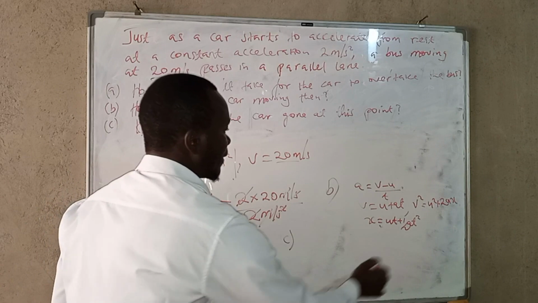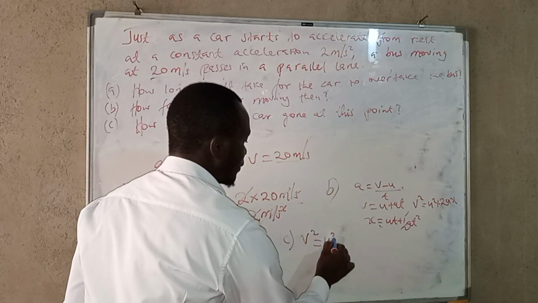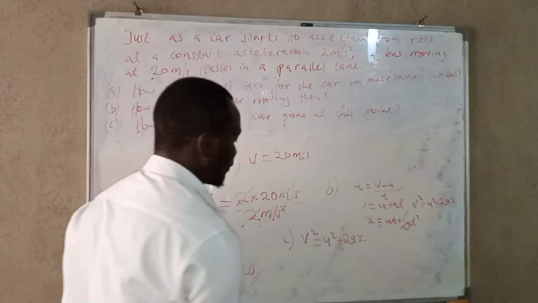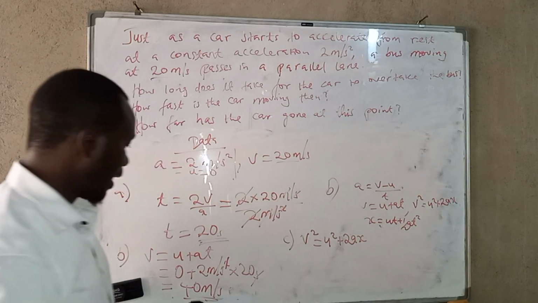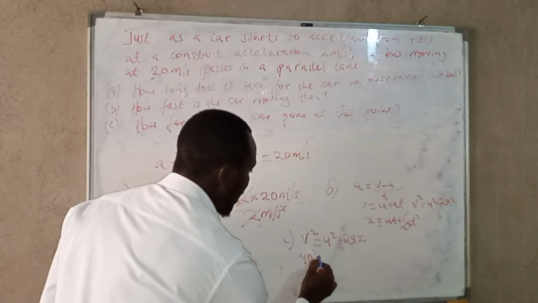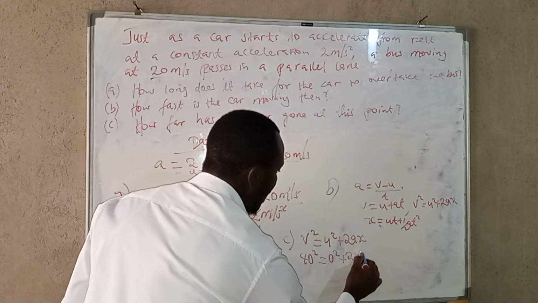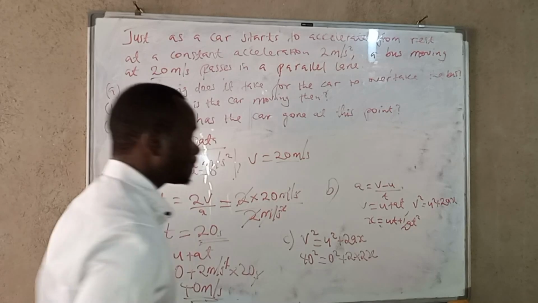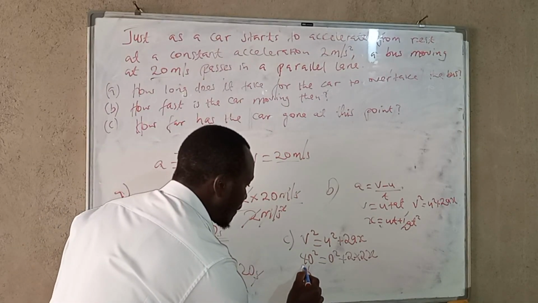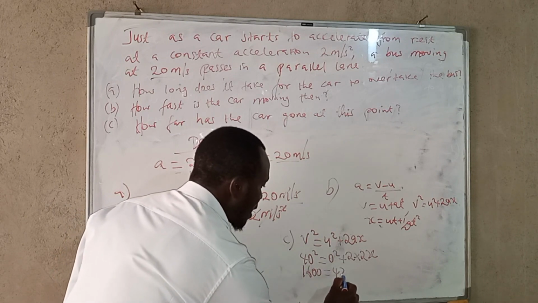Let's try the first one, which is v squared is equal to u squared plus 2ax. Let us put in the values. 40 squared is equal to 0 squared plus 2 times 2 times x. So here we have 1600, which is equal to 4x.